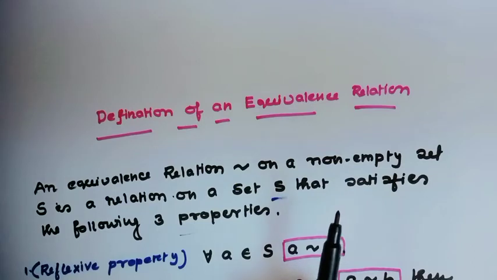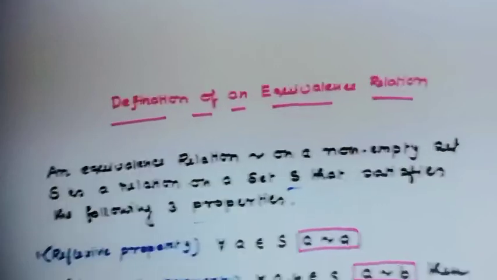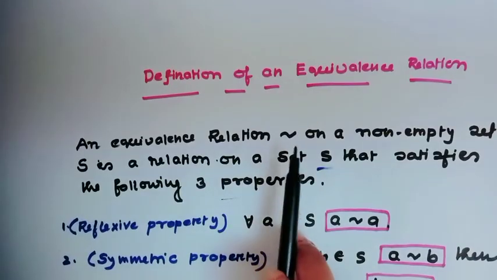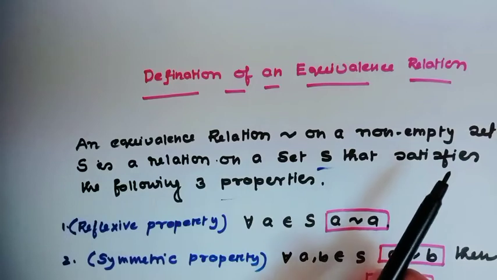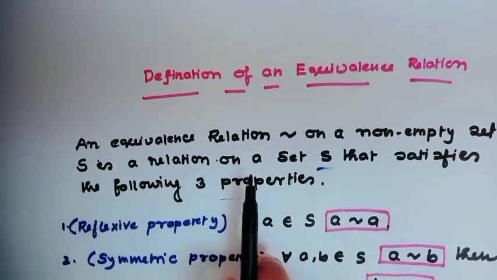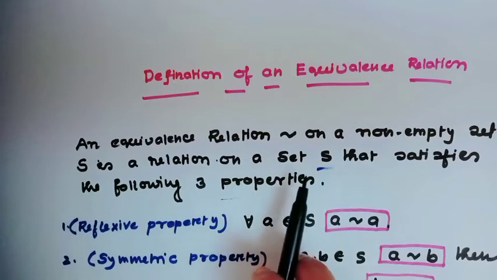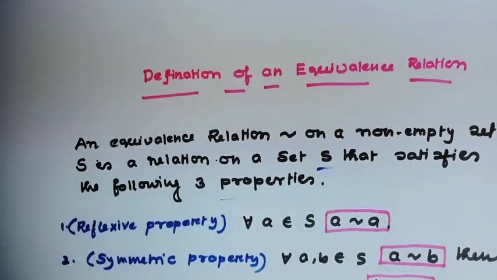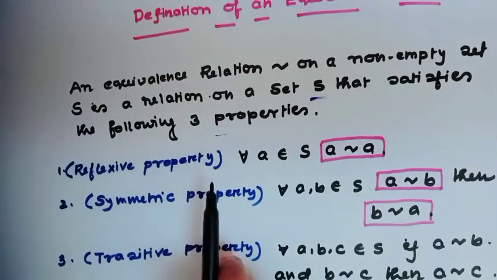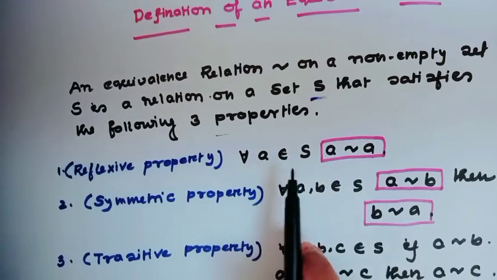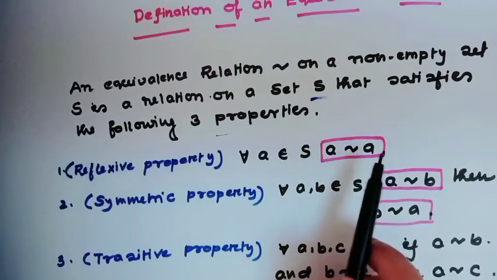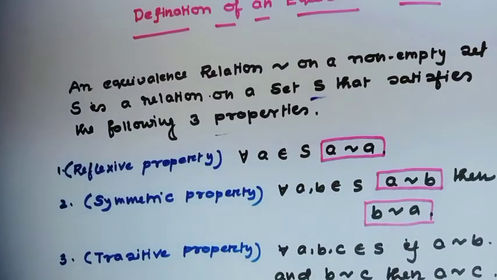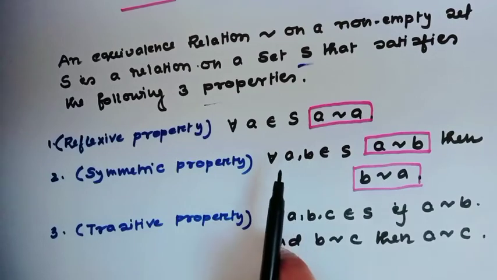At first see the definition of an equivalence relation. An equivalence relation, which is denoted as ρ on a non-empty set S, is a relation on a set S that satisfies the following three properties. One is the reflexive property. What is the reflexive property? For all a in S, a is related to a. And second is the symmetric property. What is the symmetric property?